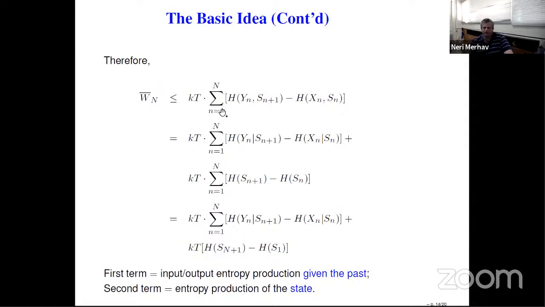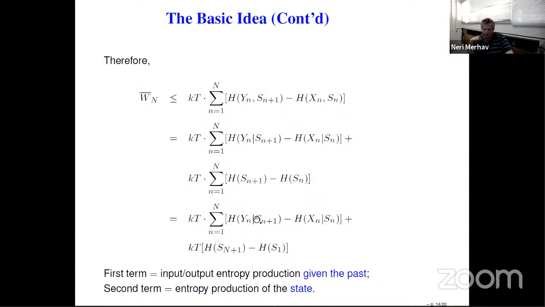When I'm summing up everything over all capital N cycles, we obtain this form, which can also be presented as the conditional entropy production given the state. Namely, it's the entropy production beyond the past of the system.